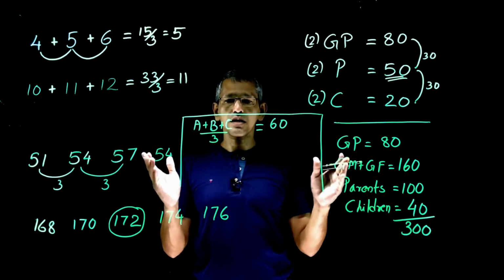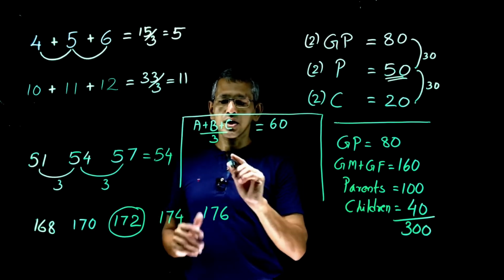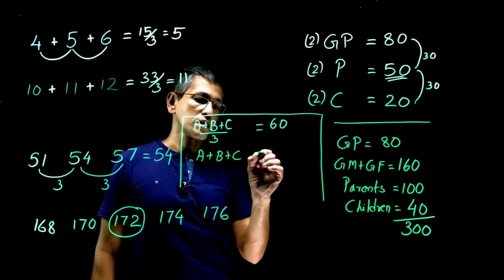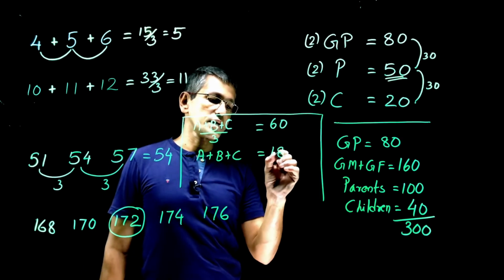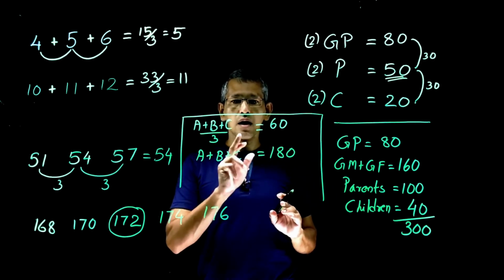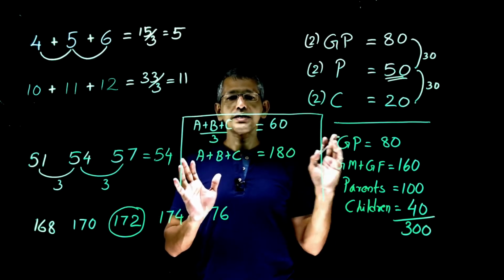So what's the total marks here? A plus B plus C by 3 is 60. So our total marks A plus B plus C would be 60 into 3, 180. So total is 180. And the mark of C is half of that. How much is that? 90.